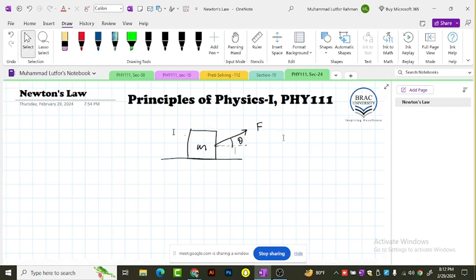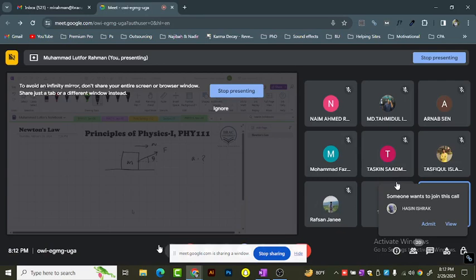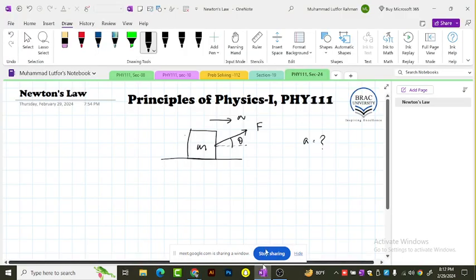Due to that force it moves in that direction with acceleration a. I want to find out what its acceleration would be. And I also want to find out the normal reaction force provided by the surface.